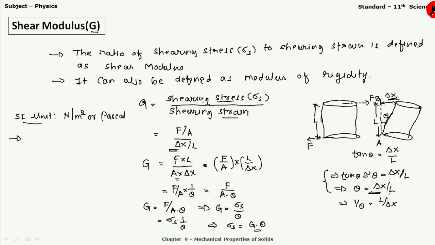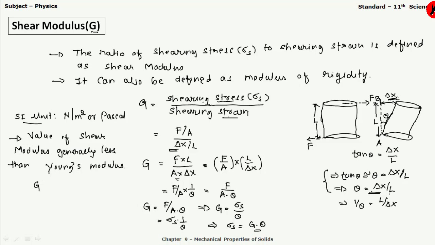One more thing, the value of shear modulus is generally less than Young's modulus, and approximately G is equal to Y by 3.